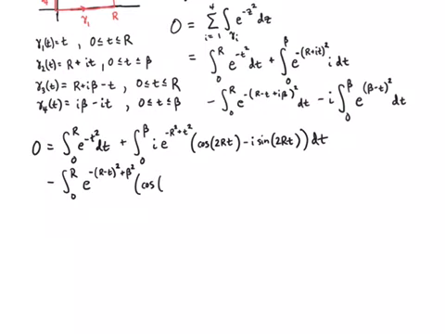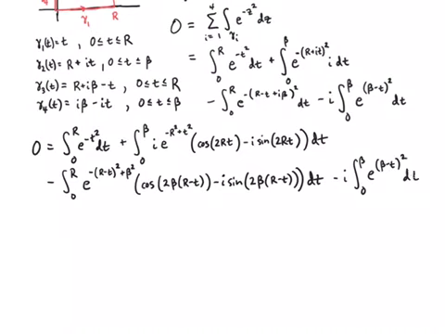So we have cosine of 2 beta times (r minus t), and we have sine of 2 beta times (r minus t). And then we have minus i times the integral from 0 to beta of e to the (beta minus t) squared dt.